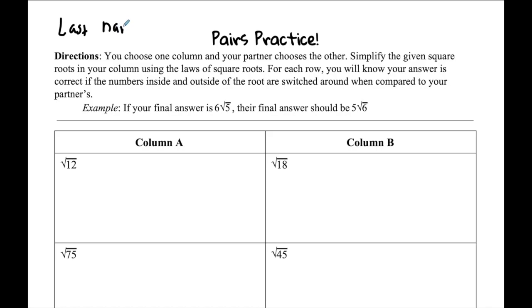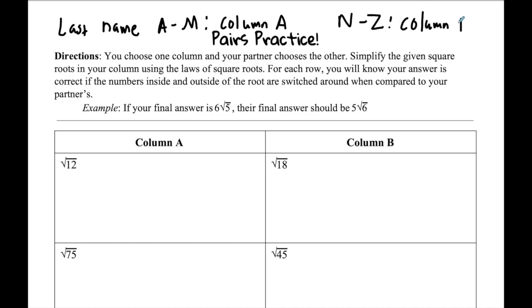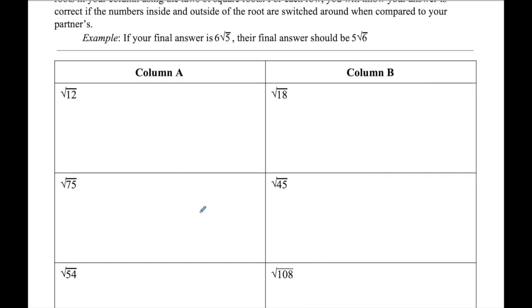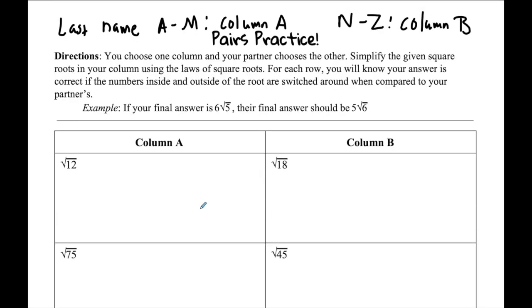If your last name begins with A through M, you're going to choose column A. And if your last name begins with N through Z, you're going to choose column B. What you're going to do for your column is come down the line, first row, second row, third row, etc. And you need to simplify the square roots.